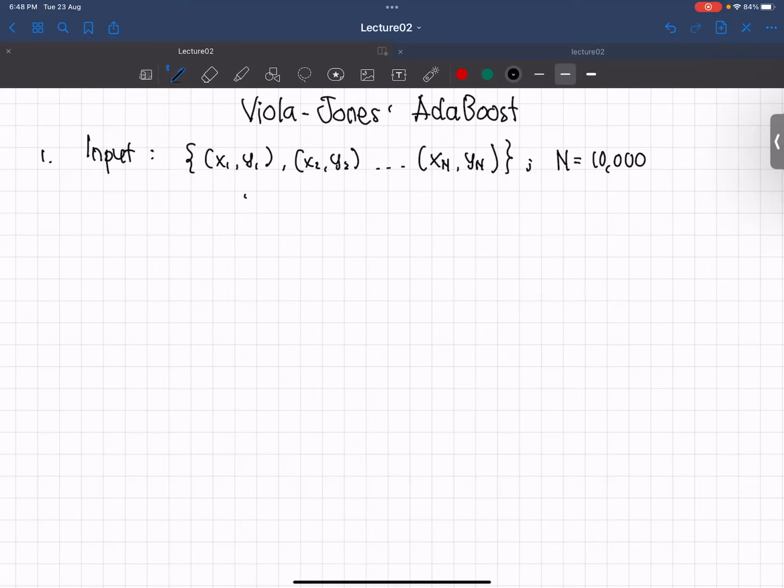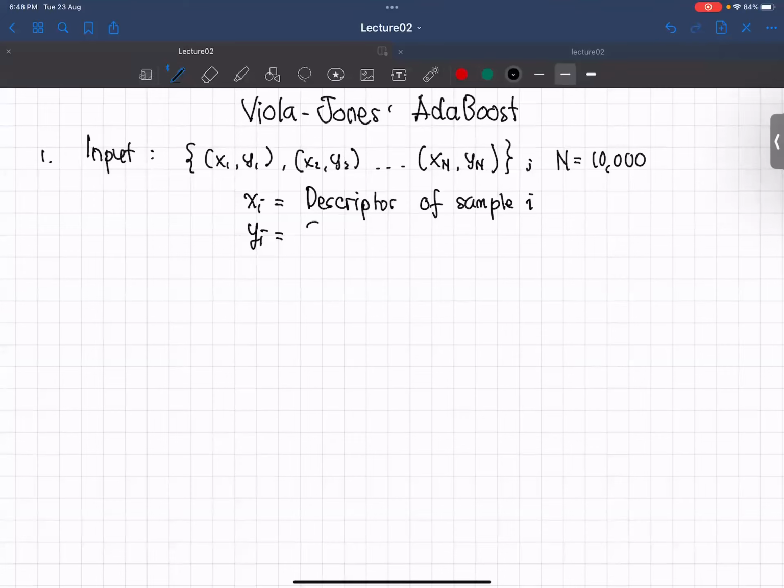So xi is one descriptor of sample i. And yi is what?